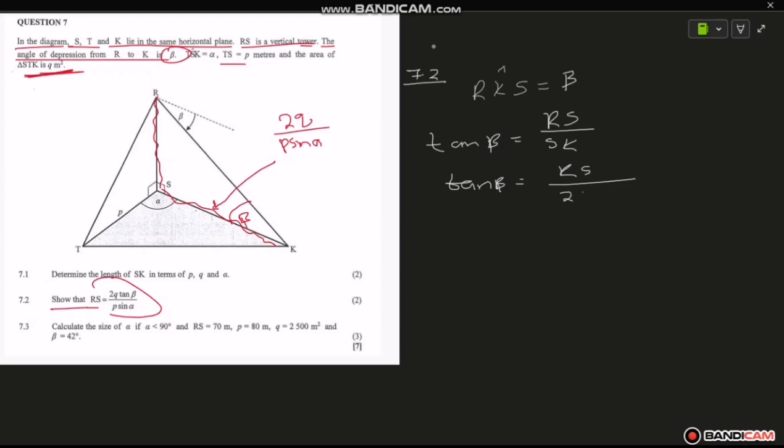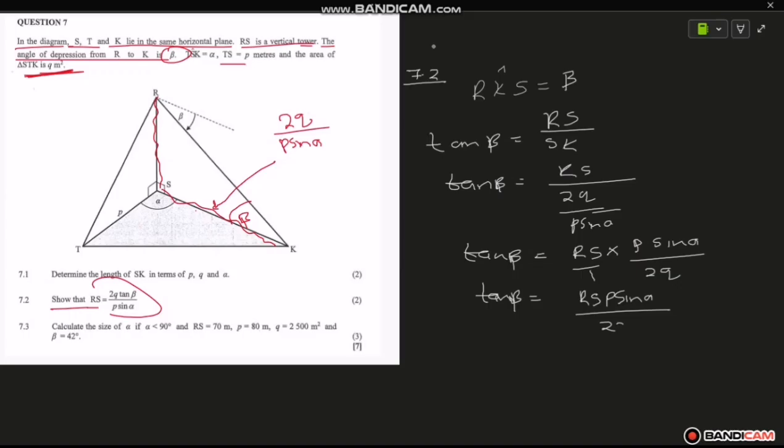The value of SK we know is 2q over p sine A. Therefore, tan beta equal to, we reciprocate the denominator, RS times p sine A over 2q. Then on one side we can deal with fractions both sides. Therefore, tan B equal to RS p sine alpha over 2q.